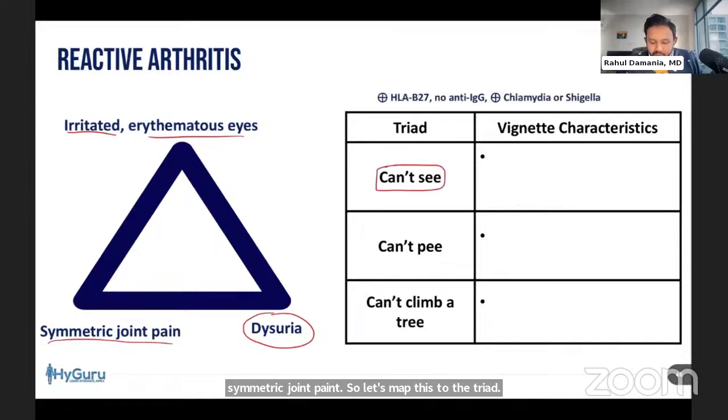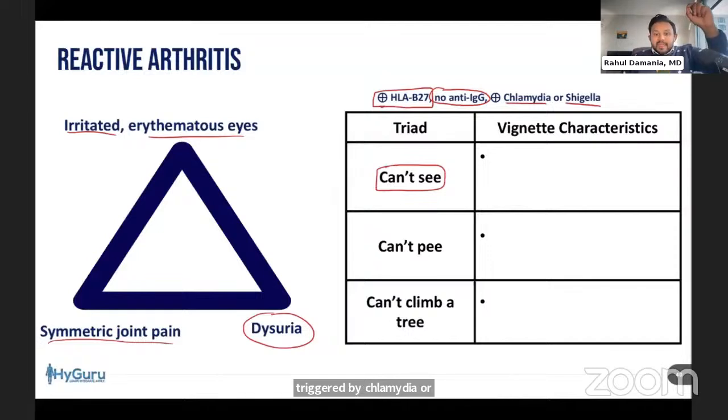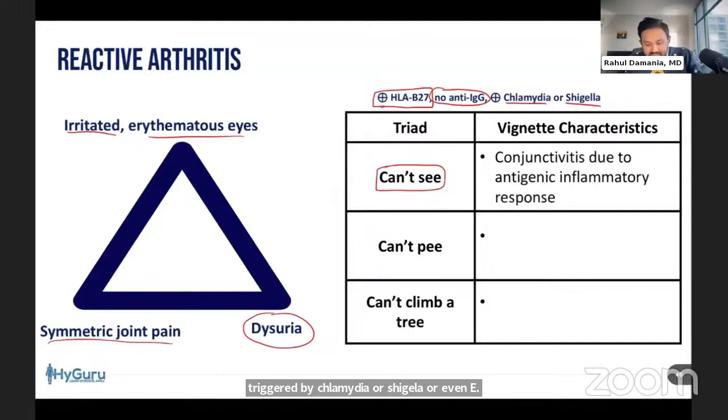Well, in reactive arthritis, recall that this is going to be a rheumatoid factor negative, HLA B27 positive, seronegative spondyloarthropathy that can be triggered by chlamydia or Shigella or even E. coli. Now, the can't see represents conjunctivitis, and this is due to the antigenic inflammatory response.